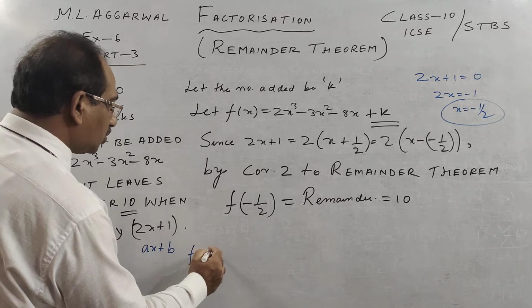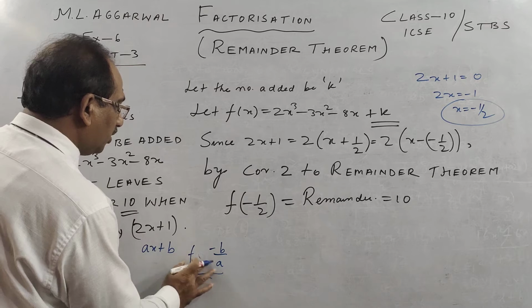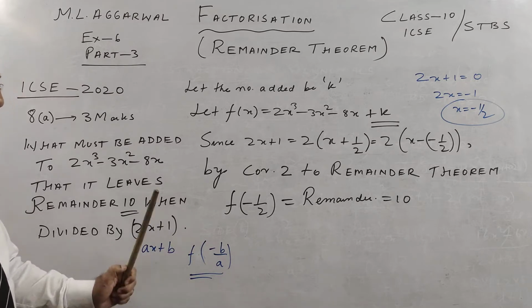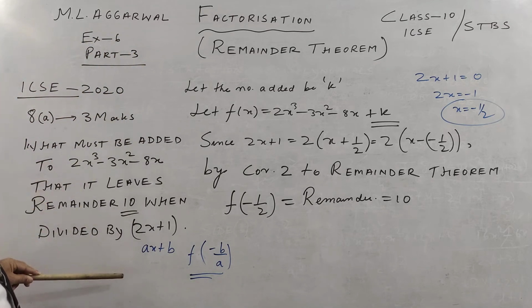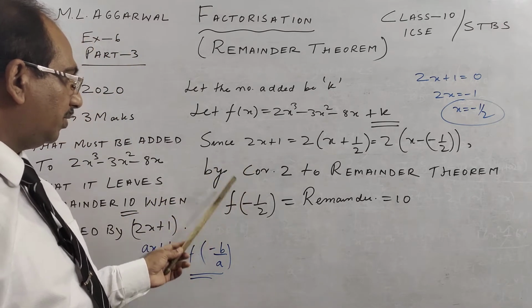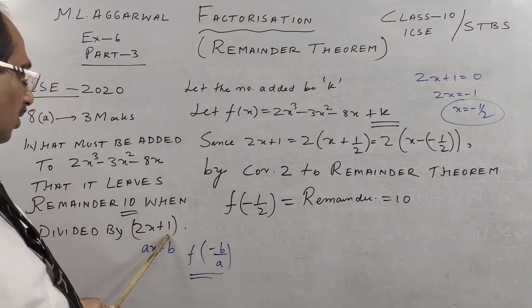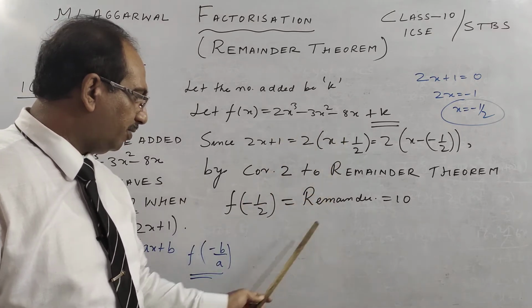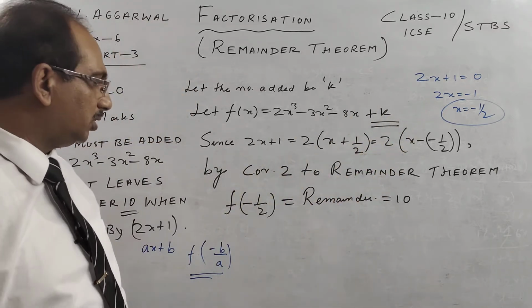So you see 1 is here, so minus b by a, this when you put in place of x, is minus half here. Okay, and here in this question it is given equal to 10. So once more, let k be added, and we have to divide this polynomial by 2x plus 1. So you have to get what we will put in place of x so that we will get equal to 10. So this is a shortcut method, but this is a more logical method.